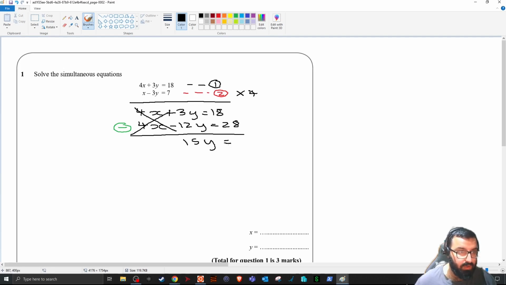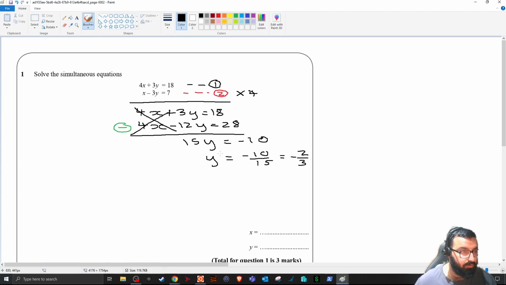So 15y equals 18 minus 28, which is minus 10. And y would therefore equal minus 10 over 15, which equals minus 2/3. And this is how we've already solved for y.